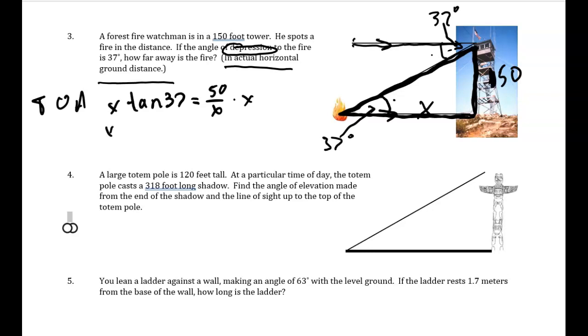Multiply both sides by x. Divide that tangent of 37 over. Pull out the calculator. Give me a second.